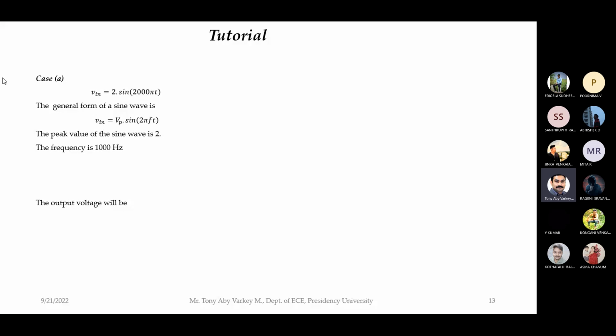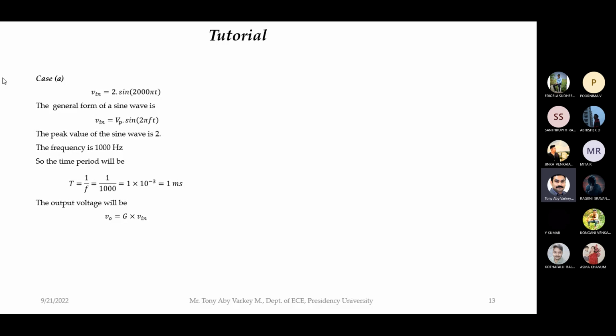If you know the frequency, you can calculate the time period. Time period is 1 by frequency, which is 1 millisecond. So what is the output voltage? Output voltage is given as gain into Vin. What is the value of gain here? 4.3.